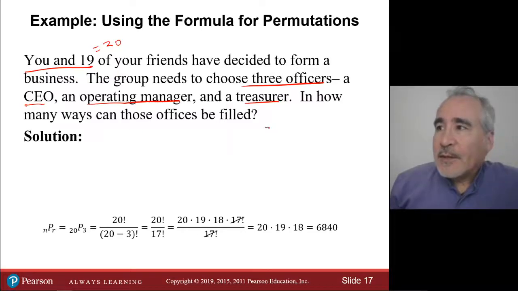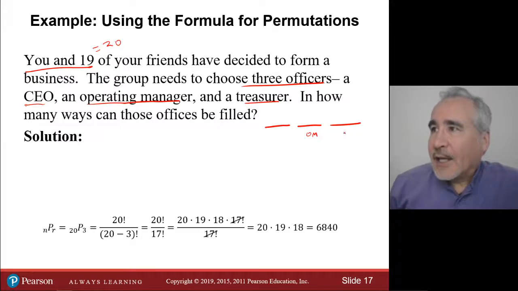So again, what I would do is, we've got 3 offices: CEO, operations manager, and treasurer. How many people can we choose for the CEO? Well, we got 20 of them. Once we choose a CEO, that CEO cannot also be operating manager. That would not be cool. So there are only 19 people that could fill that role.